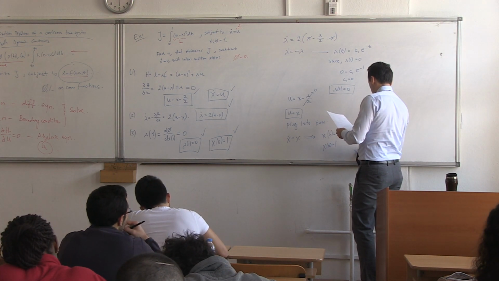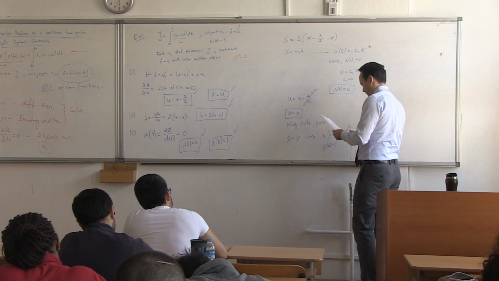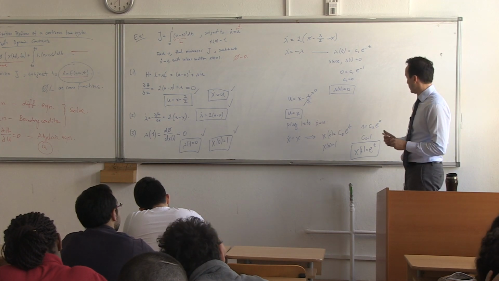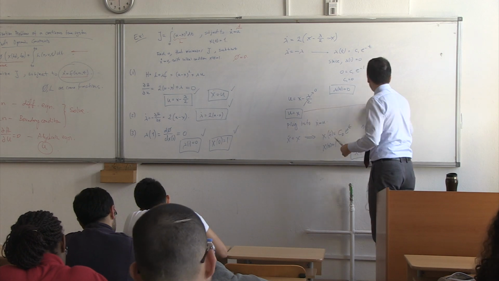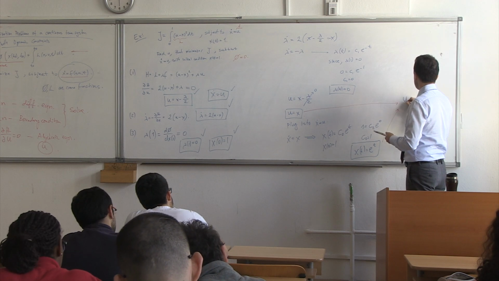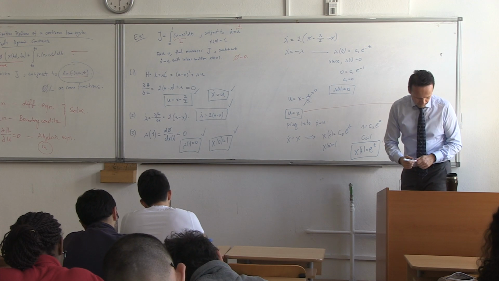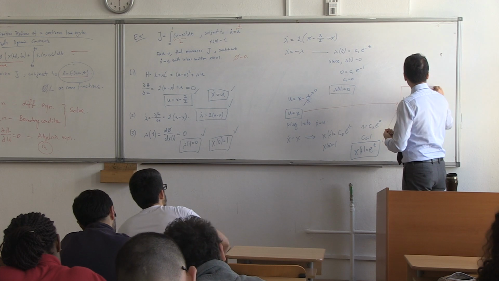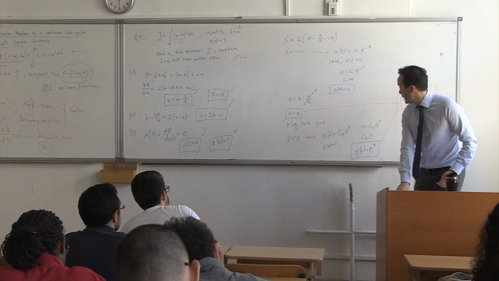So x of t will be equal to e to the power t. Because of this and this, you get u is equal to e to the power t. And that is your result.